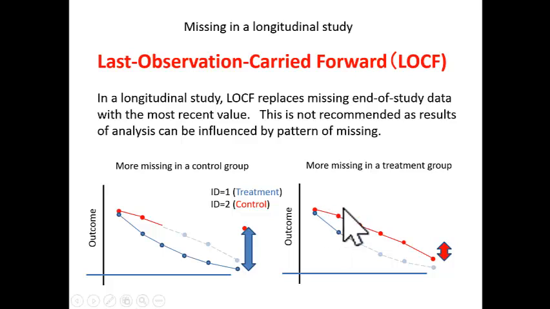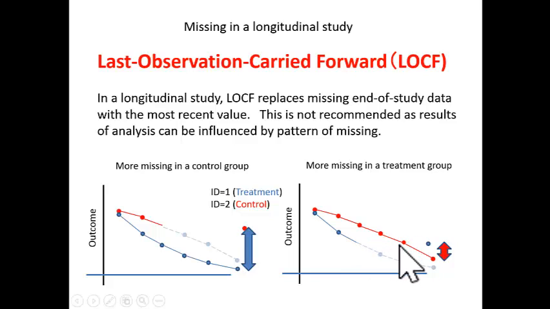Okay, in another situation, suppose the person who stopped coming back is in the treatment arm. If this person came back to the end of the study, you would see slight improvement by the treatment, although this person stopped coming, and then you carried forward this value.